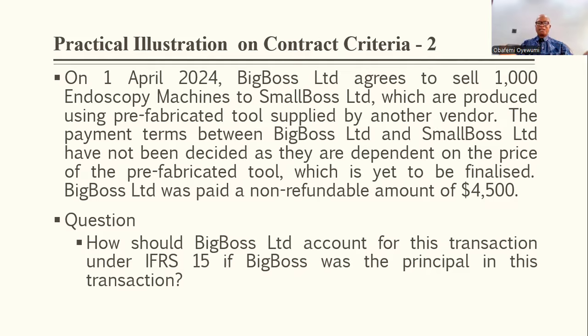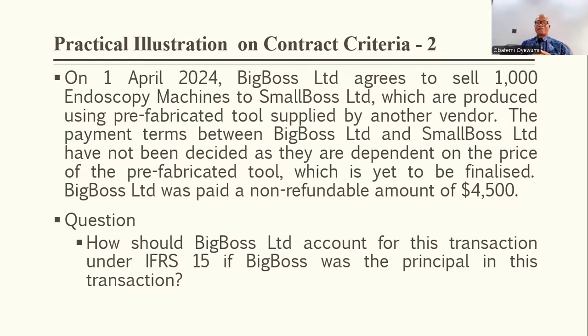If you look at what is written there, it says that the payment terms between Big Boss Limited and Small Boss Limited have not been decided, so no payment terms. So it contravenes one of the conditions that should be met before a contract is established under IFRS.